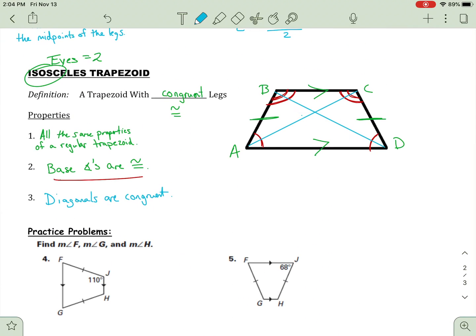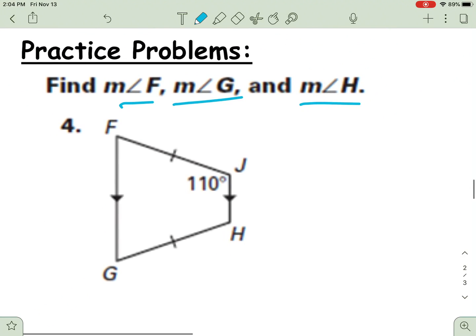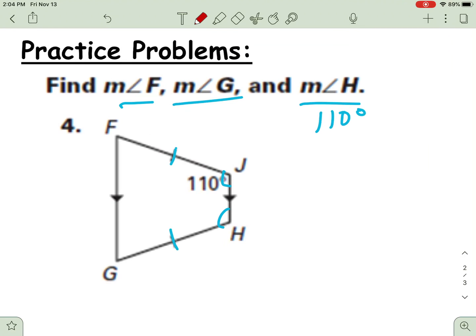The first couple, let's see. Find the measure of angle F, measure of angle G, and the measure of angle H. Okay, well, since it's an isosceles trapezoid, that means that these 2 are congruent. So angle H is 110. Okay, and just like any isosceles trapezoid, these 2 are supplementary.